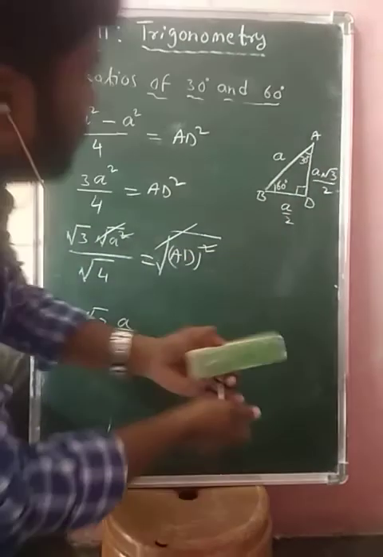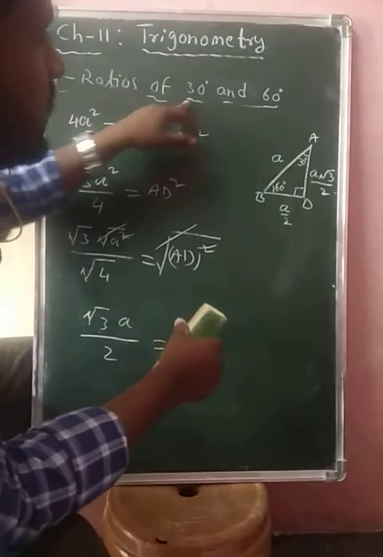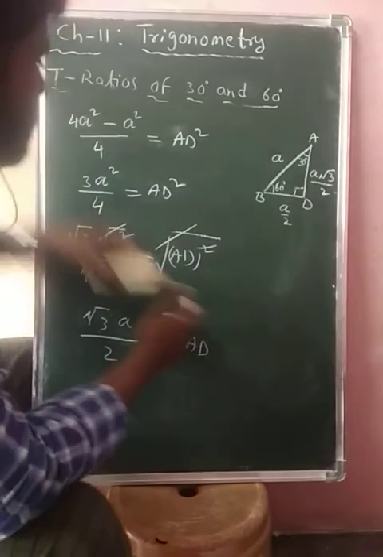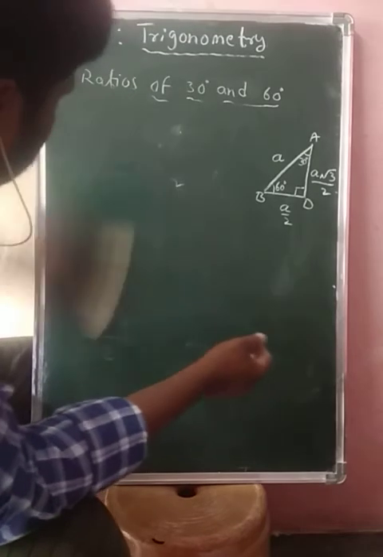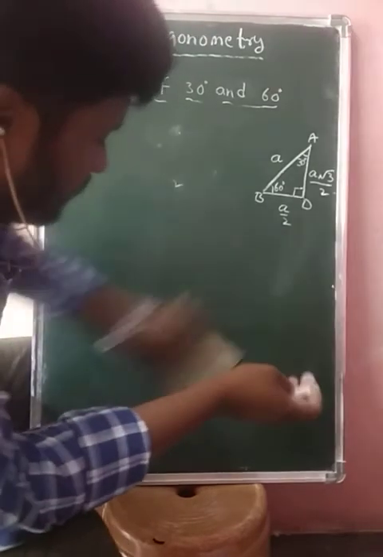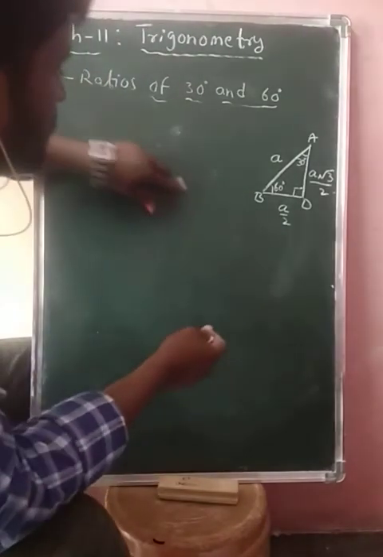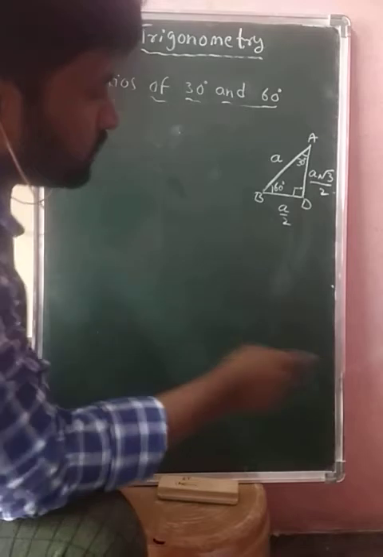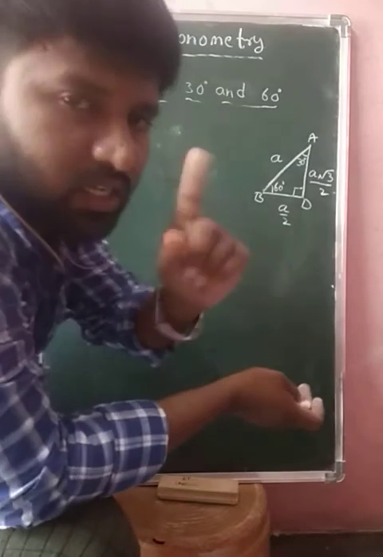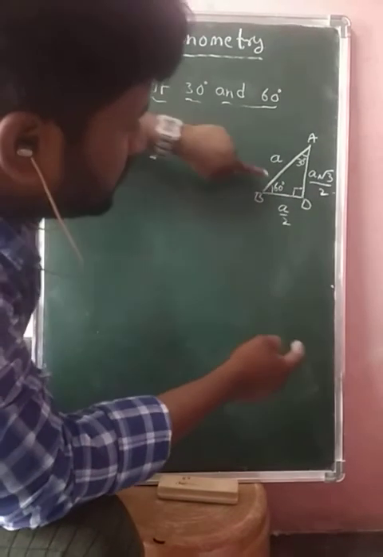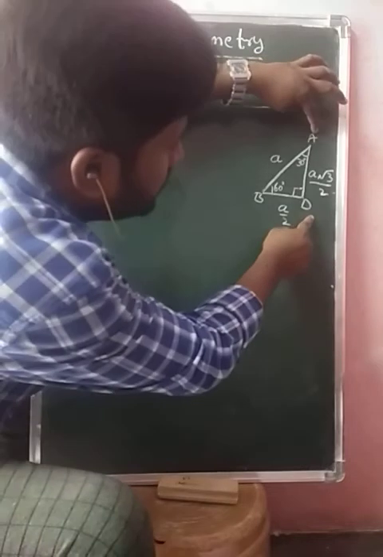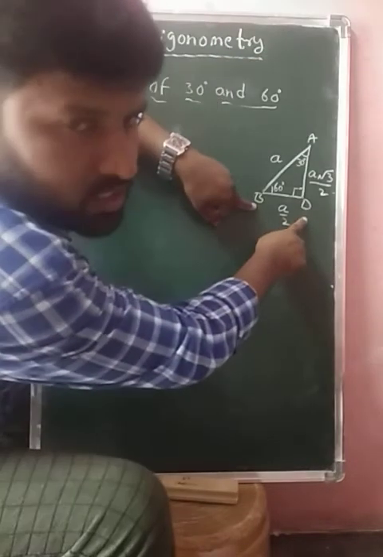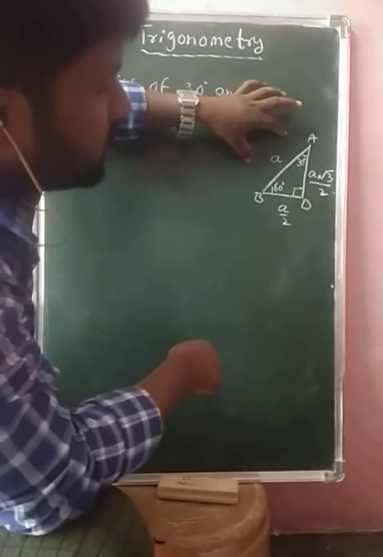Okay. Now finding the T ratios of 30 degrees and 60 degrees. Now see clearly, with respect to 60 degrees, angle B, AD is the opposite side, BD is the adjacent side, hypotenuse is AB.